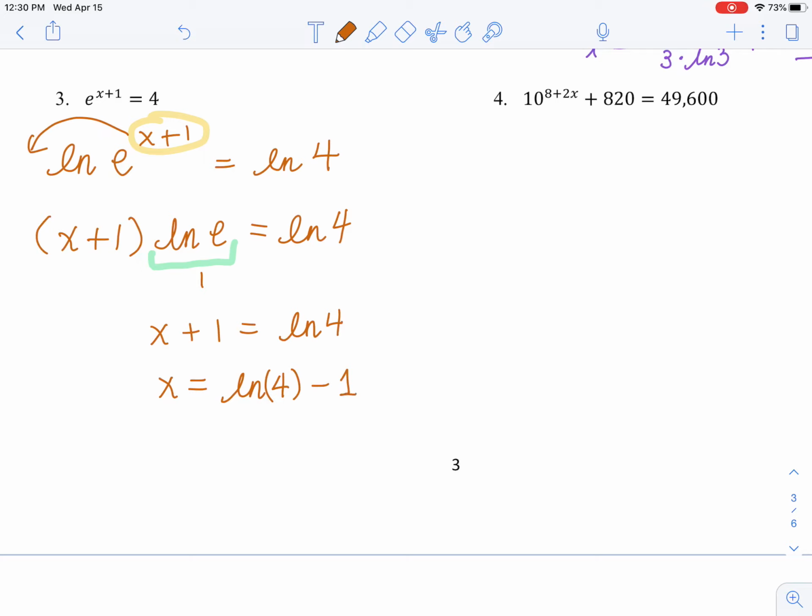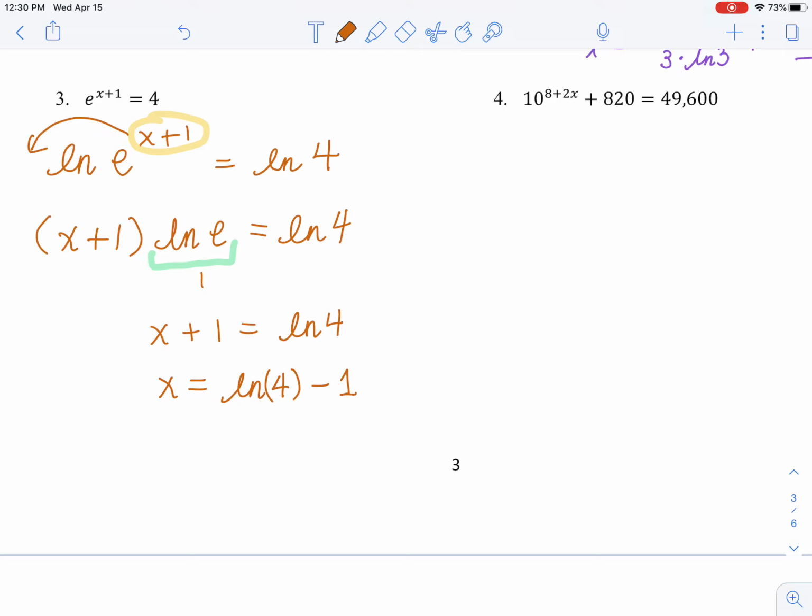Now, do you know why I'm not checking the answer here? Unlike the log expression, what was the domain of an exponential function? All real. So whatever crazy answer I get, exponential functions can take it.